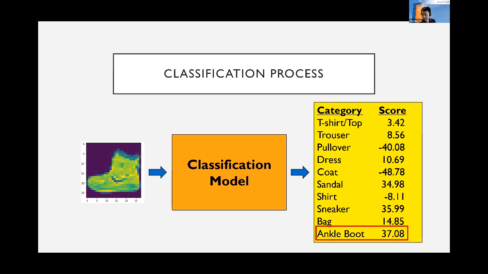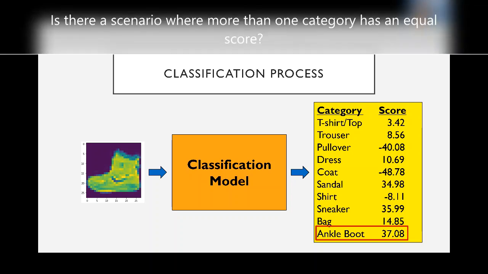We have another one over here. Is there a scenario where more than one category has an equal score? It could potentially be, but under that situation, if two categories have the same score, then your classification model is just going to say that these two are equally likely.